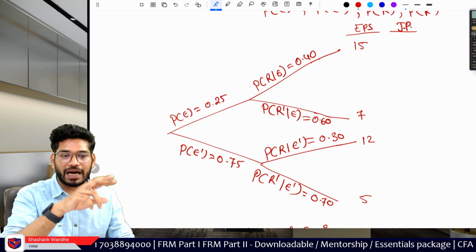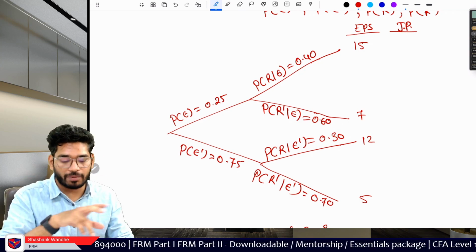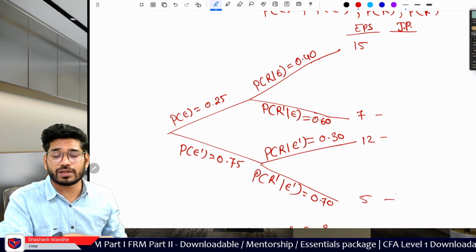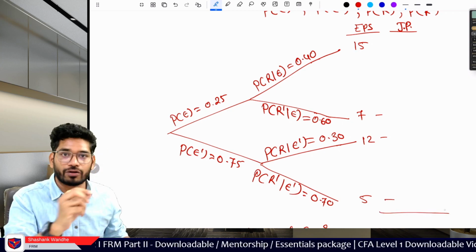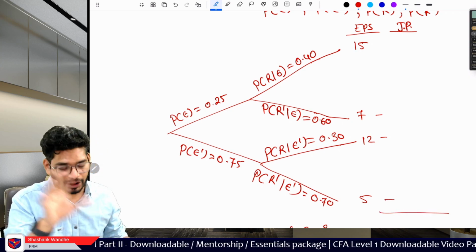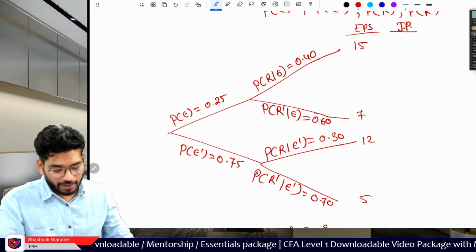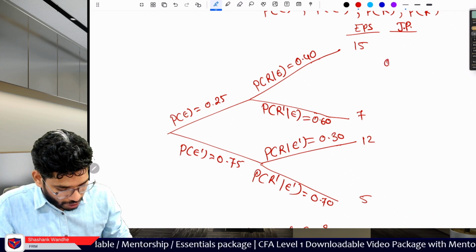So EPS multiplied by joint probability, again second case, third case, again EPS multiplied by joint probability, again you will do the same thing here, and then you have to take the total of these multiplications.